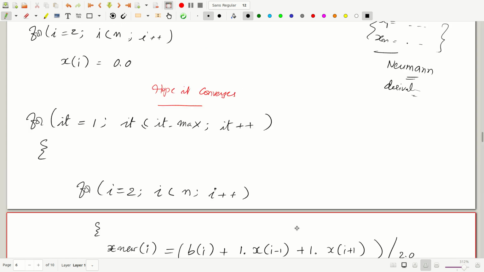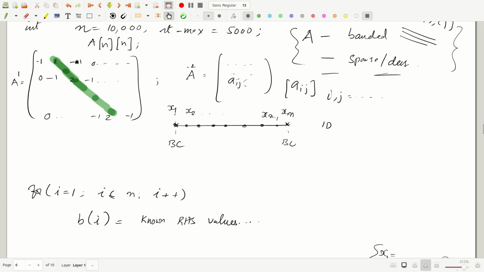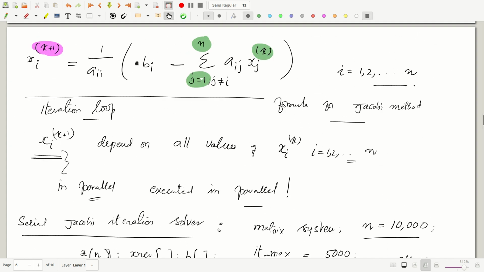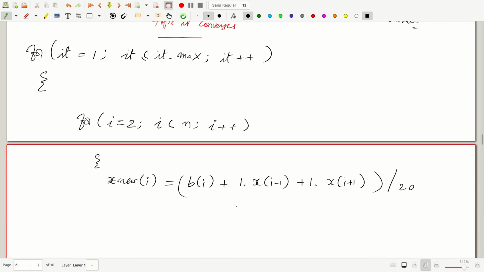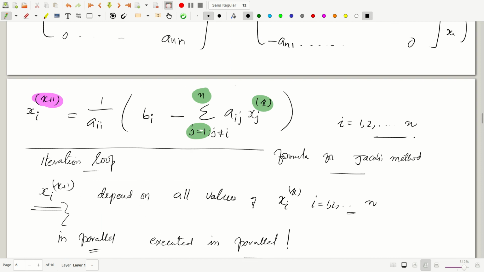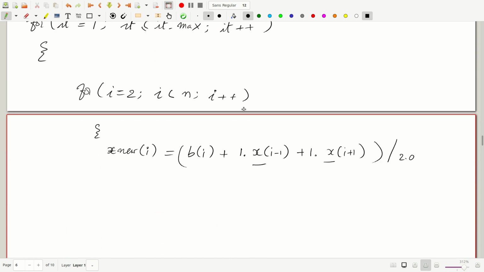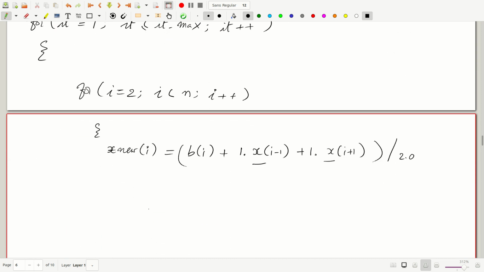Basically that translates this matrix together with this equation into this formula. Now I'm only using x here because this is x k, so x new depends on x k plus 1, so x new equals something related to x. Fine. So I'm first trying to write a serial version.